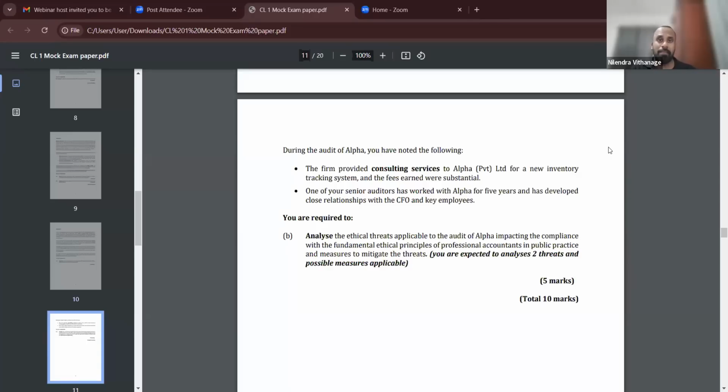Generating a significant fee income creates a self-interest threat.